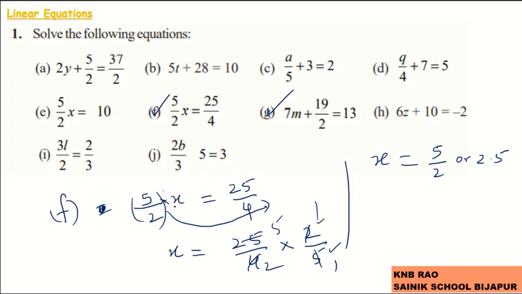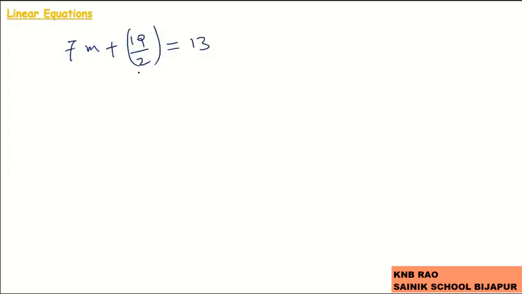Here 5 by 2 is a multiplicand of the variable, whereas this 19 by 2 is not a multiplicand, it is addend. So when we have addend to the variable portion, first we have to remove that. But while we are transposing the addend, it becomes the subtrahend.